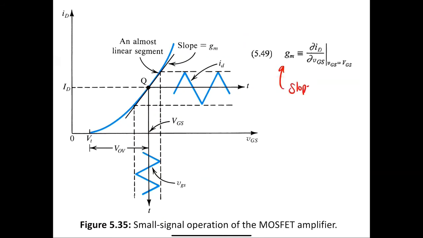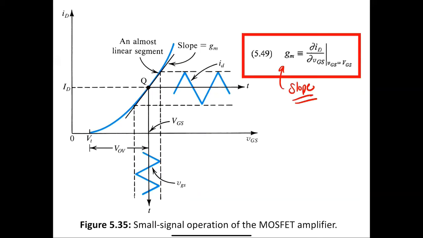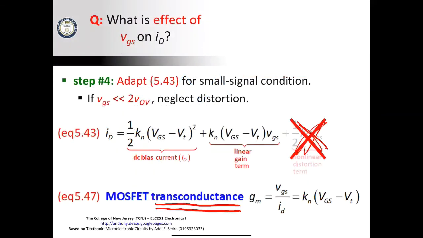And it makes sense because when we calculated the gain it was Kn VOV times VDD. This is the slope between V and I, not between V and V, and so it has 2 of the 3 components that we had from when we calculated the gain.